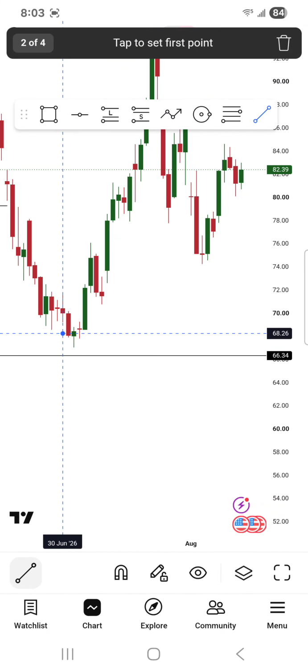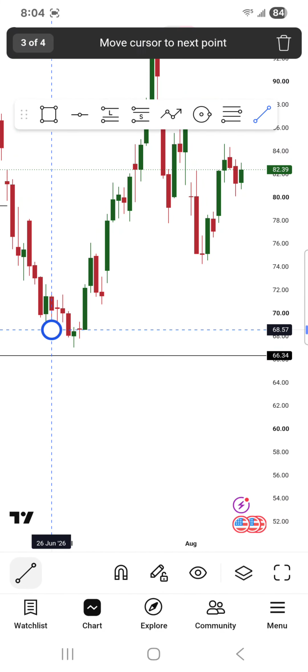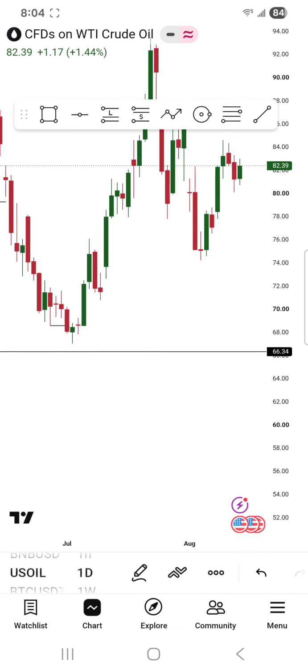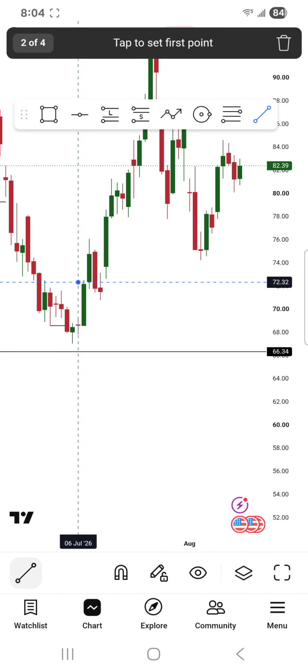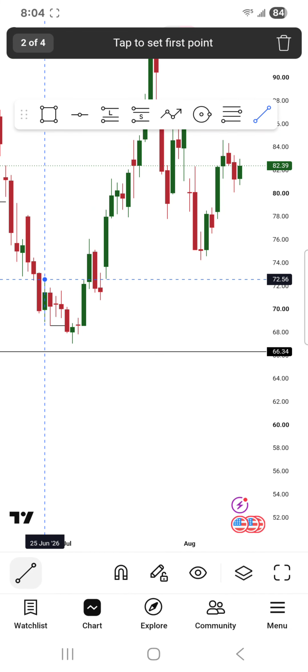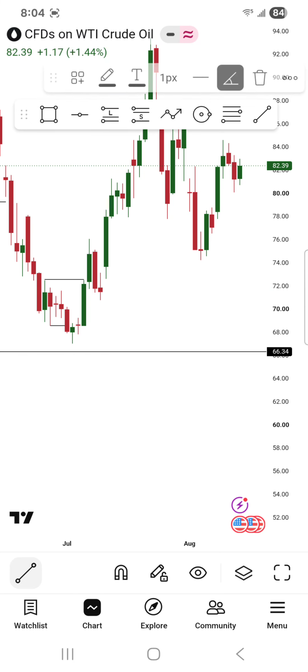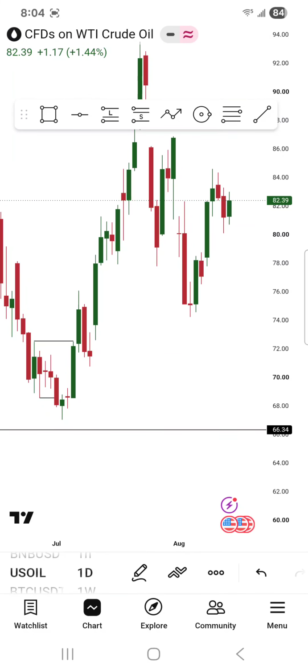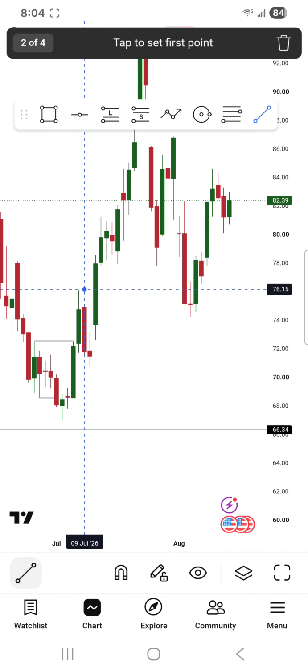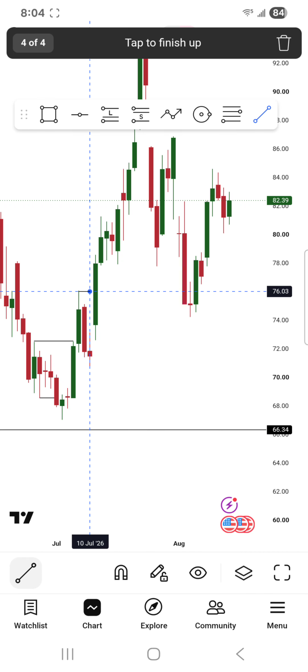So let us read the market structure and see what we have here. You have to clear your eyes very well so you can see even small retracements in order to read the market structure correctly. So boom, I'm able to see a break of structure to the upside. I'm able to see another break of structure.